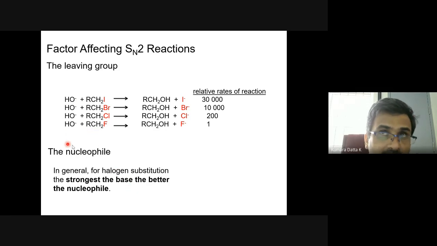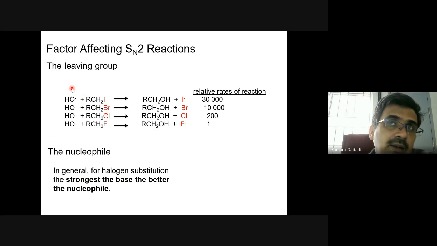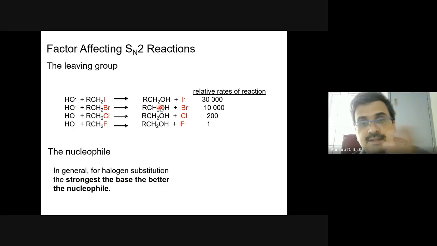For example, all the time you can take NaOH or KOH or an ethoxide kind of species rather than just water. If you put in water, you always have a competition between SN1 and SN2. But if you have a stronger base, these are very good nucleophiles.